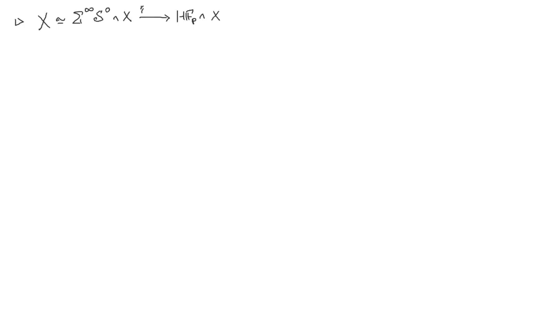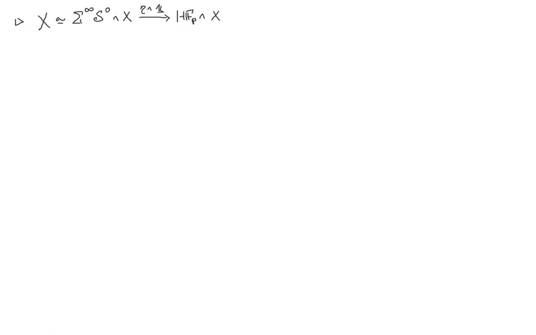This is a map eta smash the identity, where eta is the unit map to the Eilenberg-MacLane spectrum.